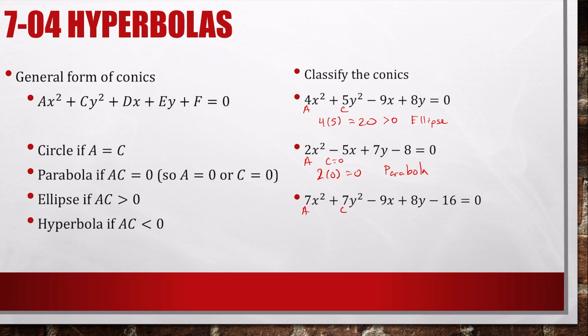This one, both the a and the c are 7s. Therefore, a equals c, and it is a circle. And for the last one, here's the a, there's the c. So a times c is negative 20, which is less than 0, which means it is a hyperbola.